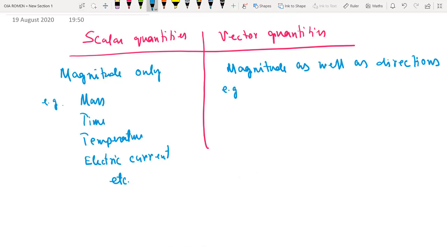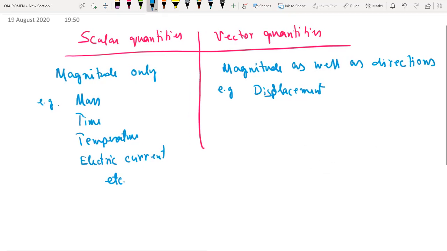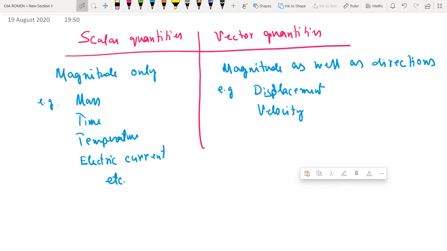Example, say displacement, velocity, acceleration, force, etc. So there are so many physical quantities, so many vectors, so many scalars.